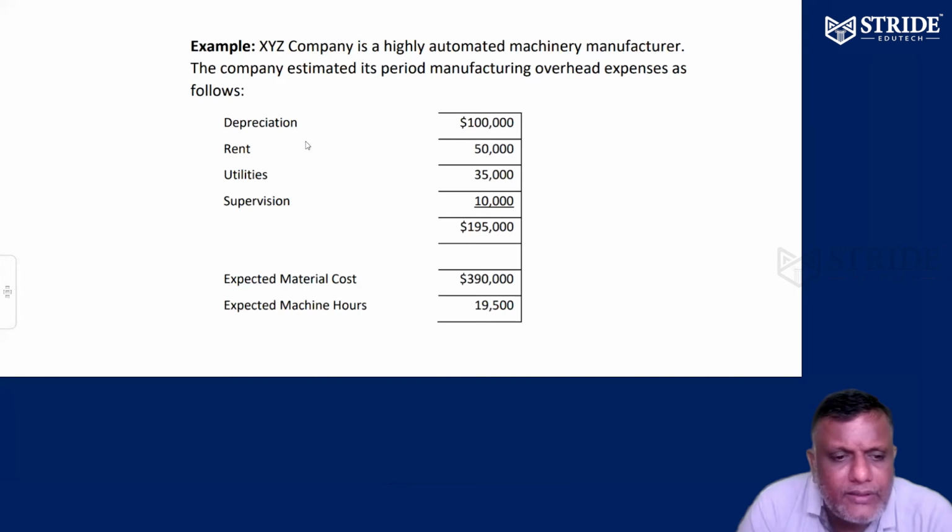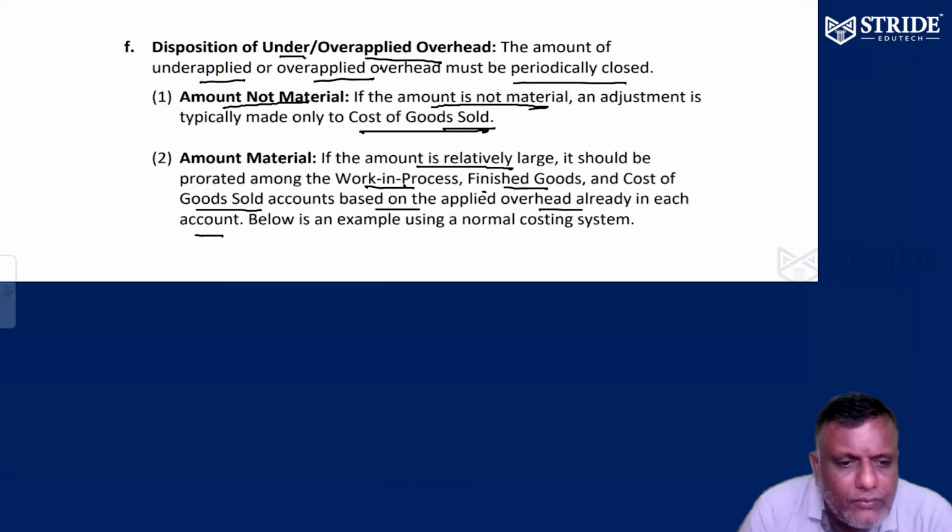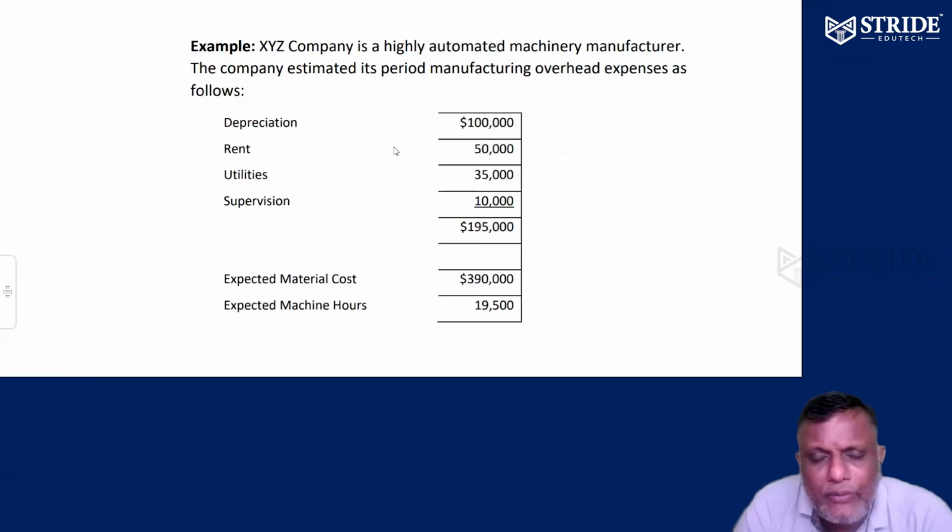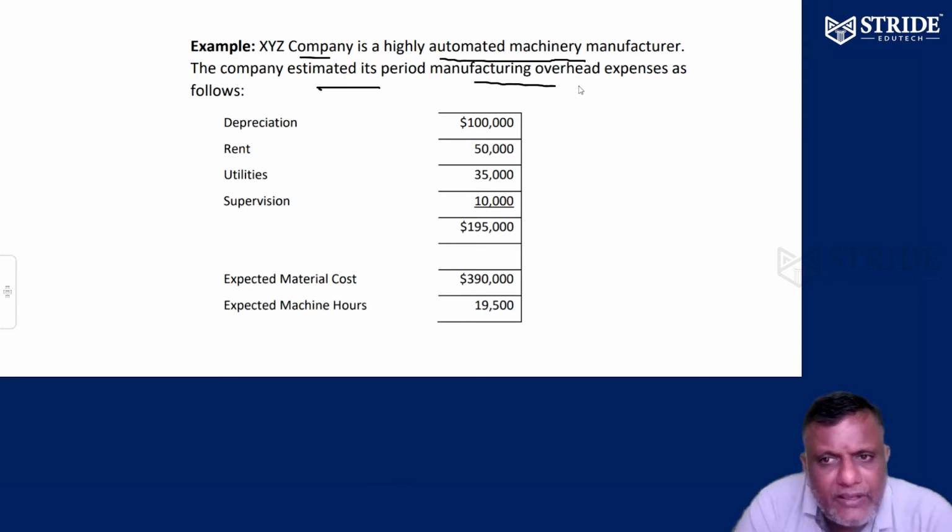For example, I can give you an idea of how they are absorbed between work in progress and COGS. XYZ company is a highly automated machinery manufacturer. Everything is automated. The company estimates period manufacturing overhead expenses: depreciation $100,000, rent $50,000, utility expenses $35,000, supervision $10,000.